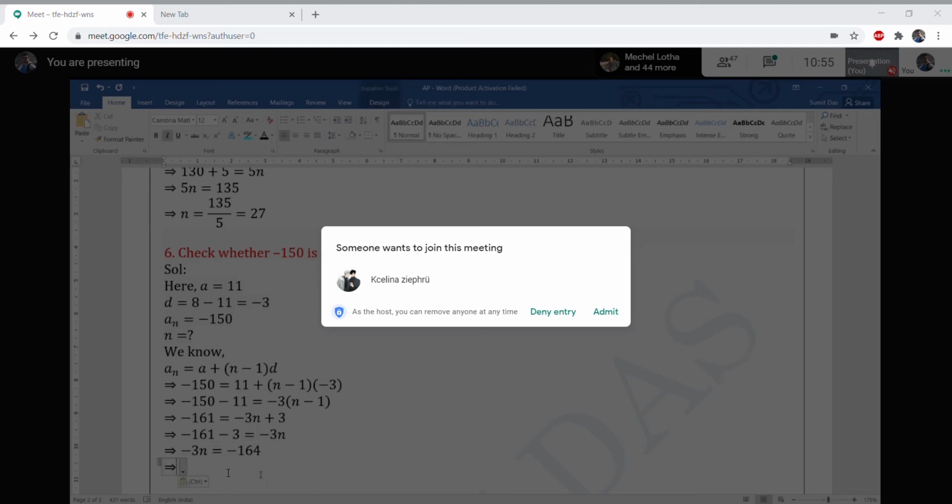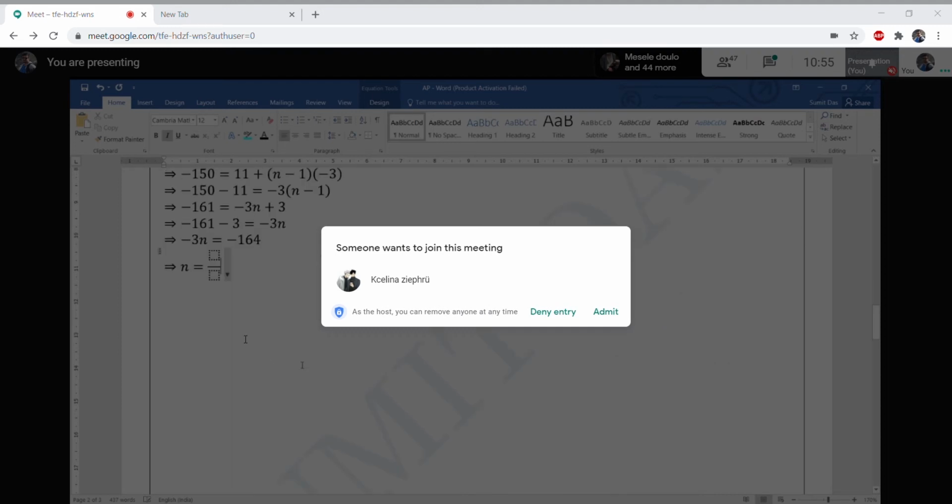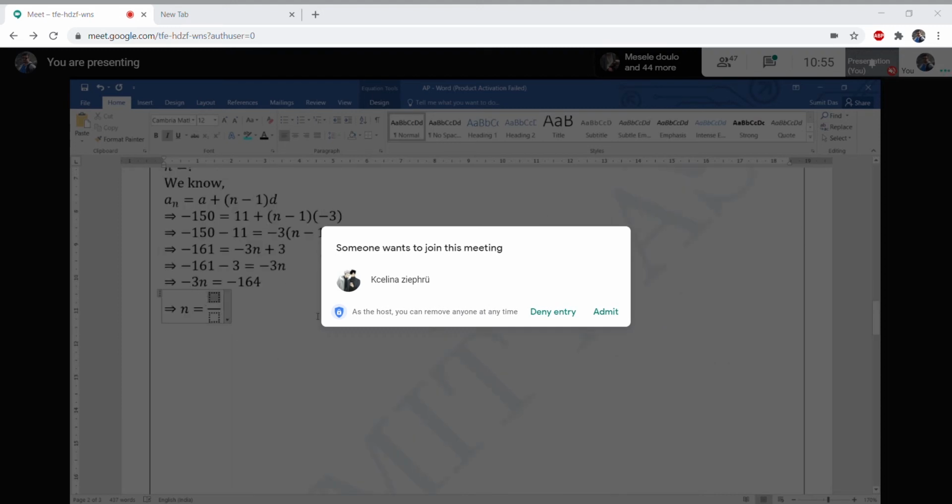Next line, n equals minus 164 divided by minus 3. The minus signs cancel and we get 54 and 2 by 3. So the n value we are getting is 54 2 by 3.